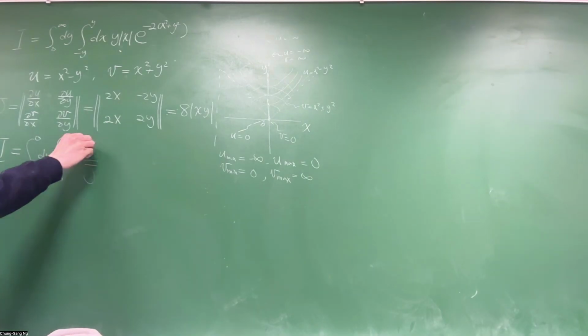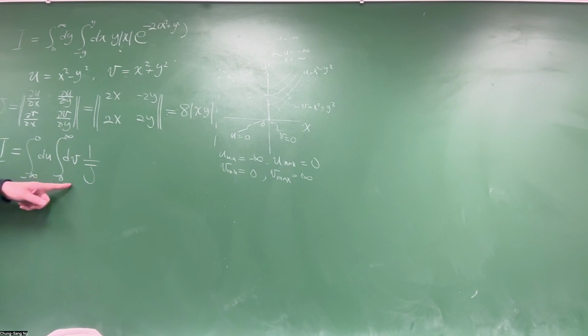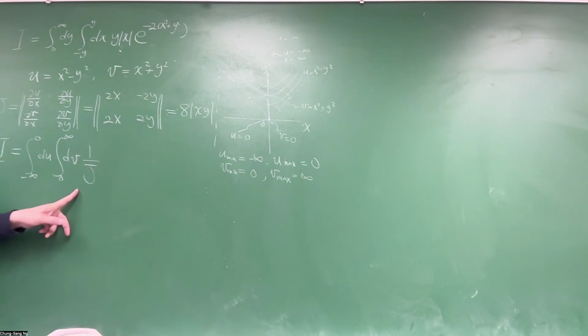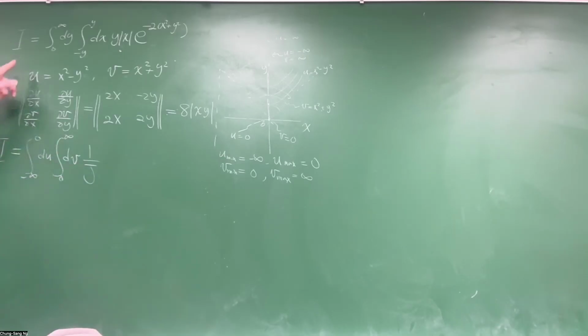Right? This j goes in here. That will make du dv divided by j equal to dx dy. Is that okay? You understand this step, right?